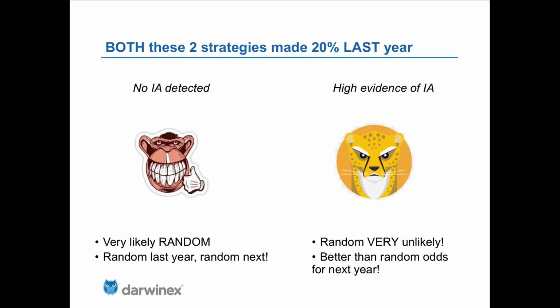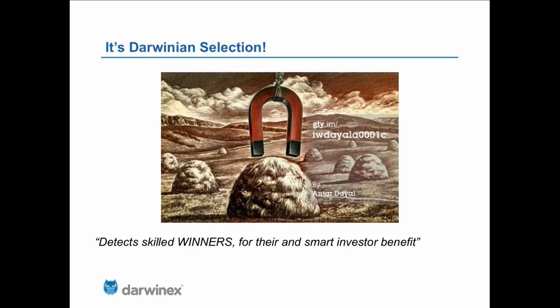That is important because the strategy seems to have been much better than random, which offers you as much guarantee as you're going to get that it will also win next year. In other words, Darwinia really is designed for Darwinian selection, detecting skilled winners for the smart investor's benefit. It allows those that win without luck to stand out from the haystack of those that just won randomly.